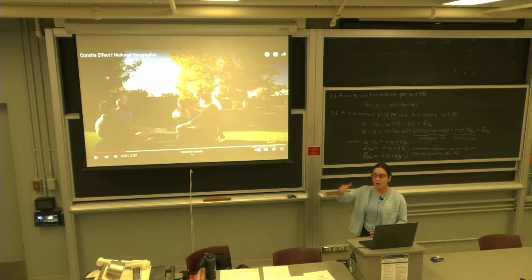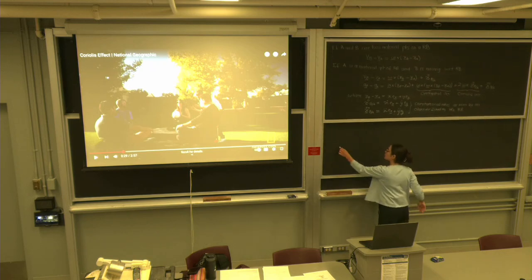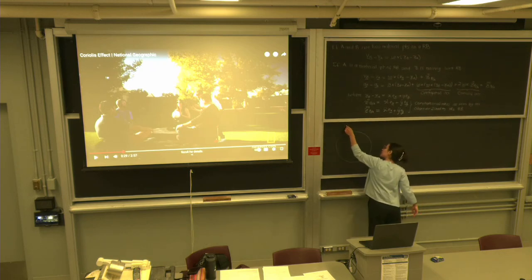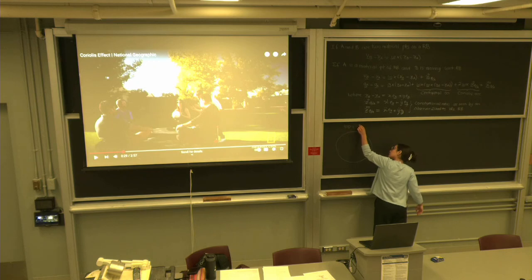In the top view, that's the merry-go-round. If the person here gives the ball an initial velocity like that, then we would see the ball moving kind of along this plane.